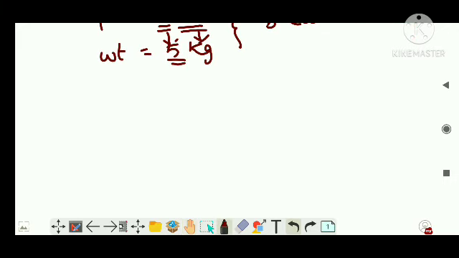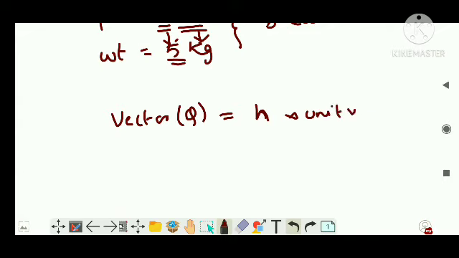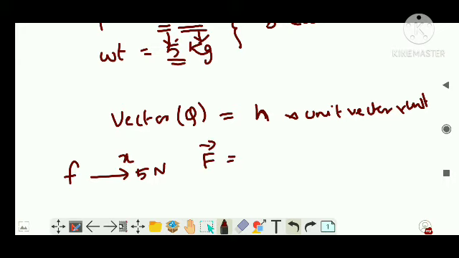Whereas any vector quantity, force or velocity, etc., is represented by n, the numerical value, or I can say magnitude, into unit vector into proper unit. Suppose this is just an example. If you are asked the force in this direction, usually this is the x direction, suppose this is 5 Newton force, so F vector is written as n into F cap Newton.